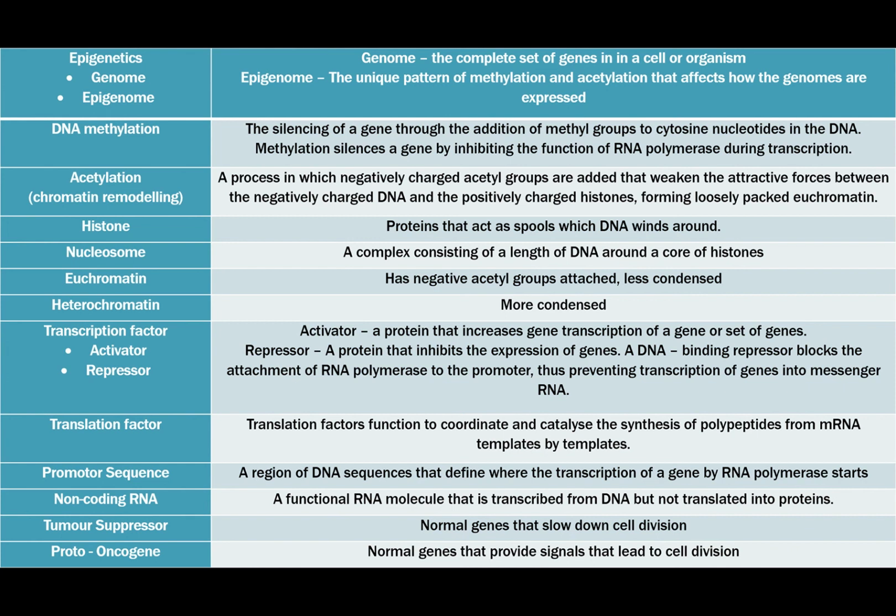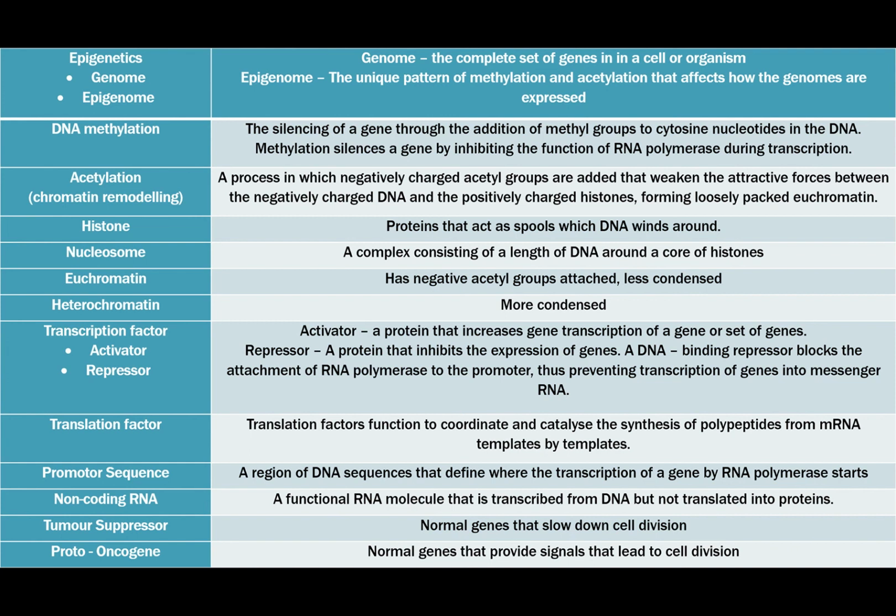Next, we're moving down to DNA methylation. It involves the silencing of a gene through the addition of methyl groups to cytosine nucleotides in the DNA. Methylation silences a gene by inhibiting the function of RNA polymerase during transcription.